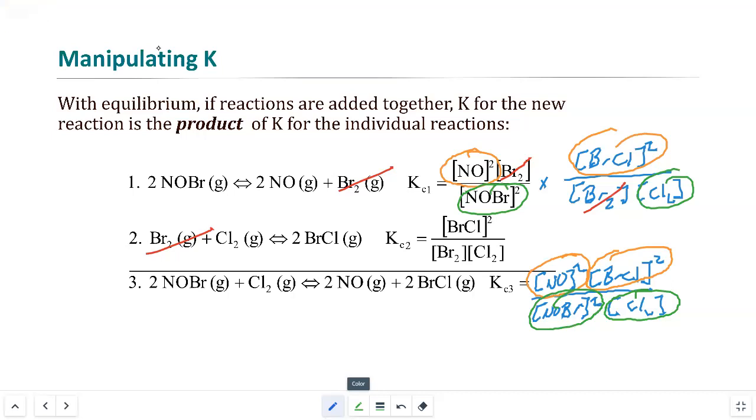So again, where this is particularly useful is things like mechanisms, where I've got a series of reaction steps that need to take place. I know all of the data about the individual steps. I can multiply those values together to give me the equilibrium constant of that composite overall net reaction.